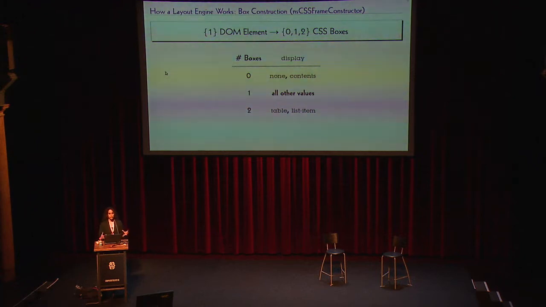For list items, the principal box is the block box that contains all of the list contents, and then the secondary box that it generates is the marker box. And then for tables, there's an outer box, which contains the table that you usually see. You've got the table that you put borders on, that's 1 box. The outer box, the table wrapper box, contains that box and the caption. So there's 2 boxes generated for tables.